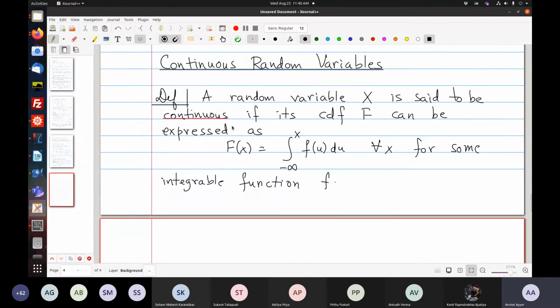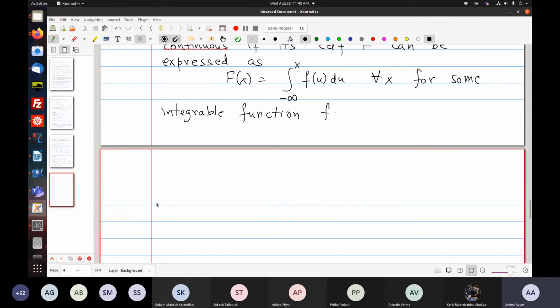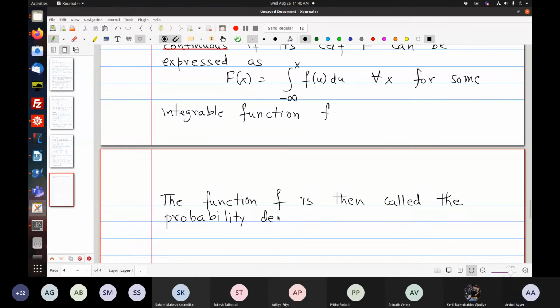Unfortunately this is split into 2 pages, but I'm continuing the definition here. The function small f is then called the probability density function, or PDF.